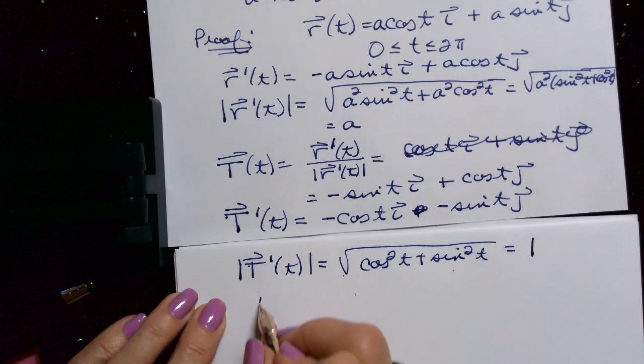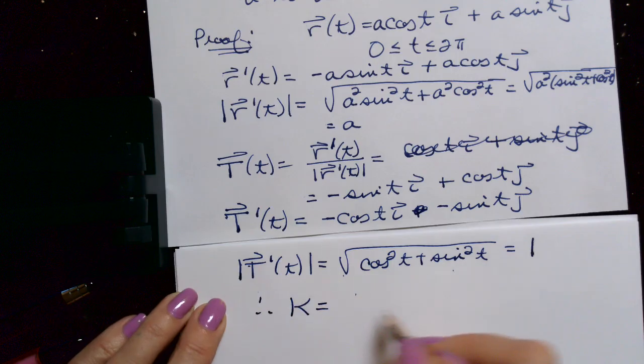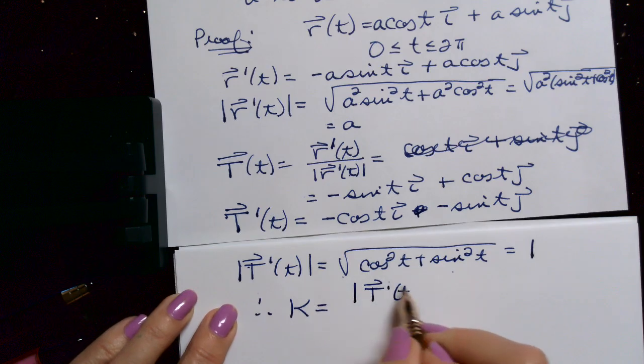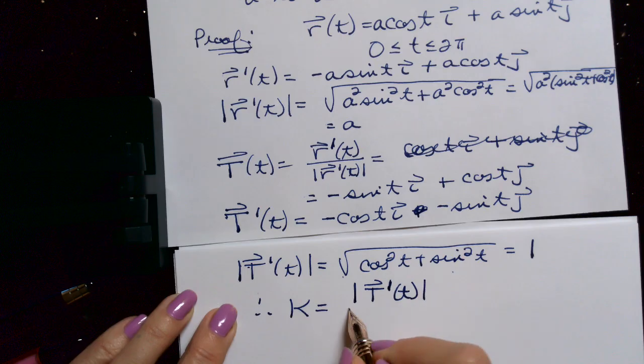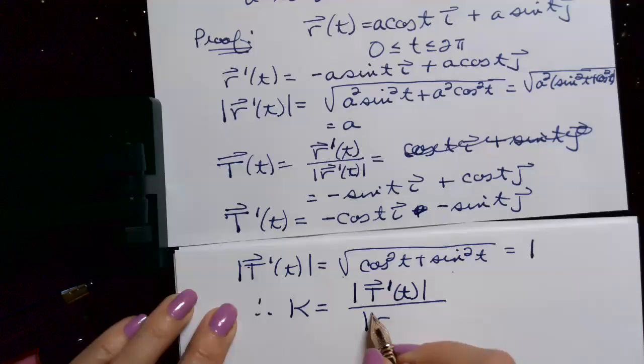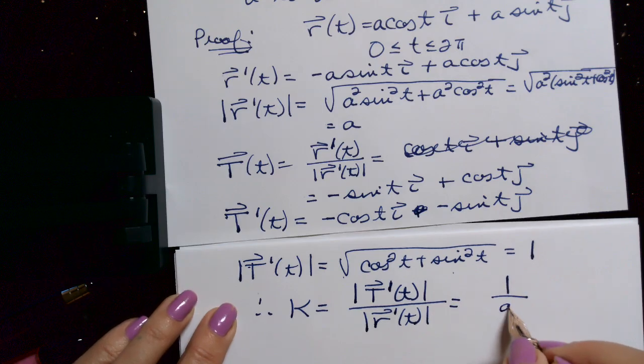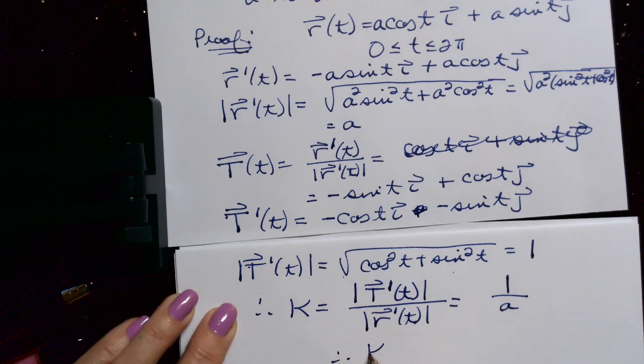Therefore kappa, if you remember, a second definition of the curvature was the length of T prime of t divided by the length of r prime of t. The length of T prime of t was 1, and the length of r prime of t was a. Therefore, the curvature is 1 over a, and that's what we claimed it was.